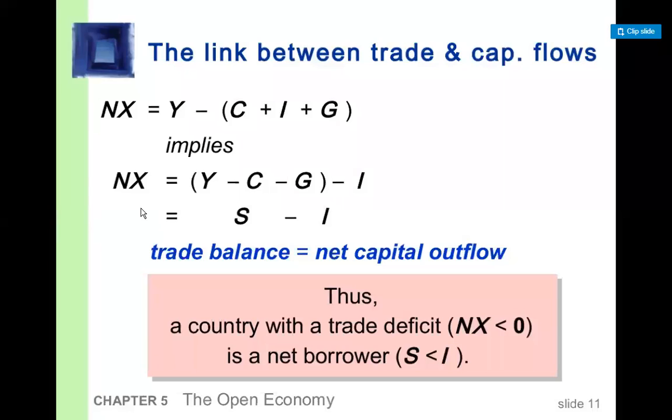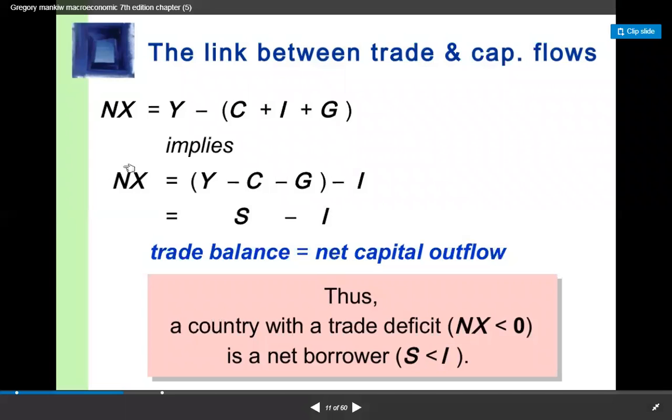Because of the higher local interest rate, what will happen? More loanable funds will come from foreign countries. So in this case, as net export is negative, then definitely the right side will also be negative. Then savings are less than investments.